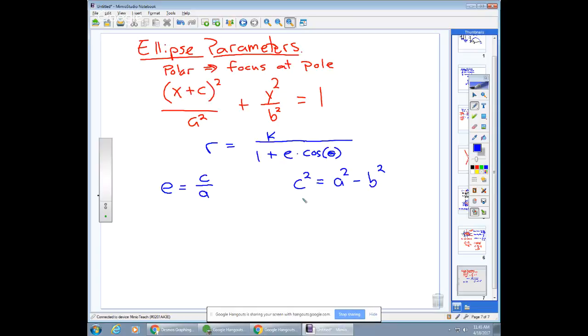So we could also say c is equal to the square root of a squared minus b squared. Another useful number is the distance from the focus to the directrix. That's usually called p, and p is b squared divided by c.